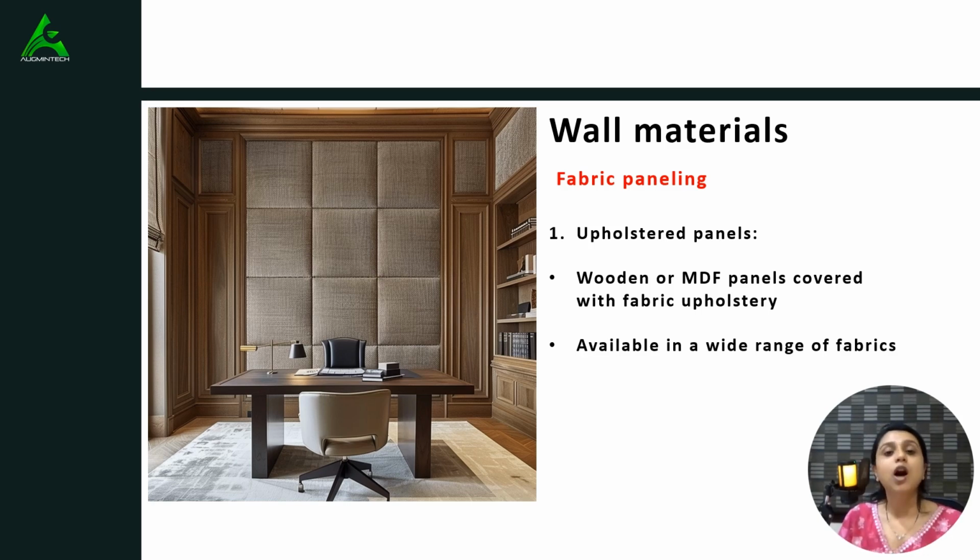Now, if you're looking for a conference room or an office of a CEO, maybe you want to go for fabric paneling because that is going to provide you with some kind of acoustic support as well, so the echo will not be as much, and the sound will not go outside as much.